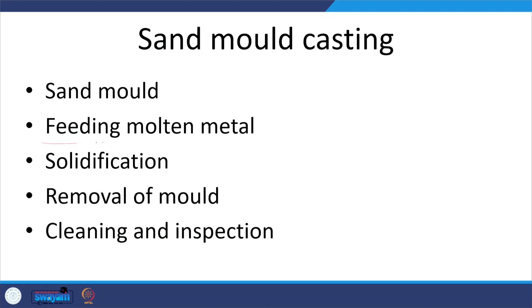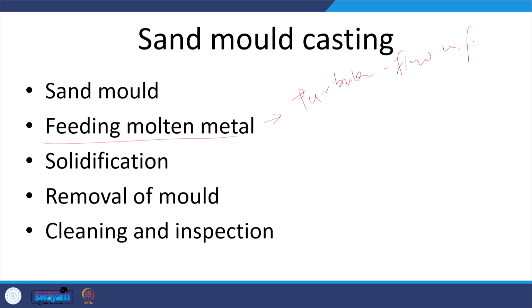Now the feeding of the molten metal in the sand mold is crucial. Why is it so? Because there should not be any kind of turbulence in the flow of the molten metal when it is fed.